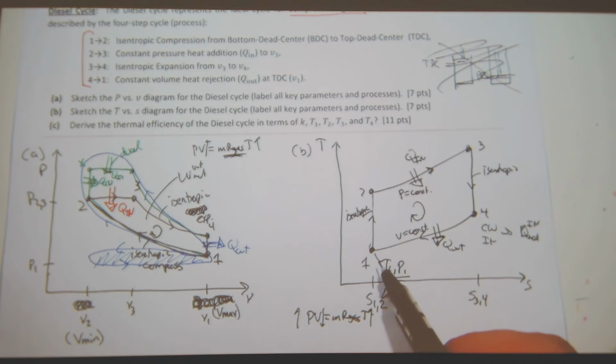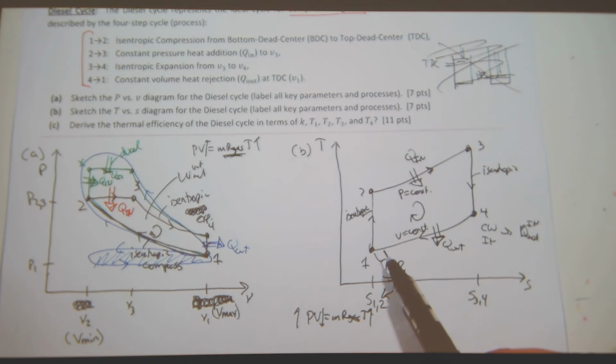If for some reason there could be an isentropic process at constant volume, then it would be pretty straightforward. I would increase the pressure and the temperature would go up. Sometimes it might be easier just to remember that if I isentropically compress something, I increase its temperature.